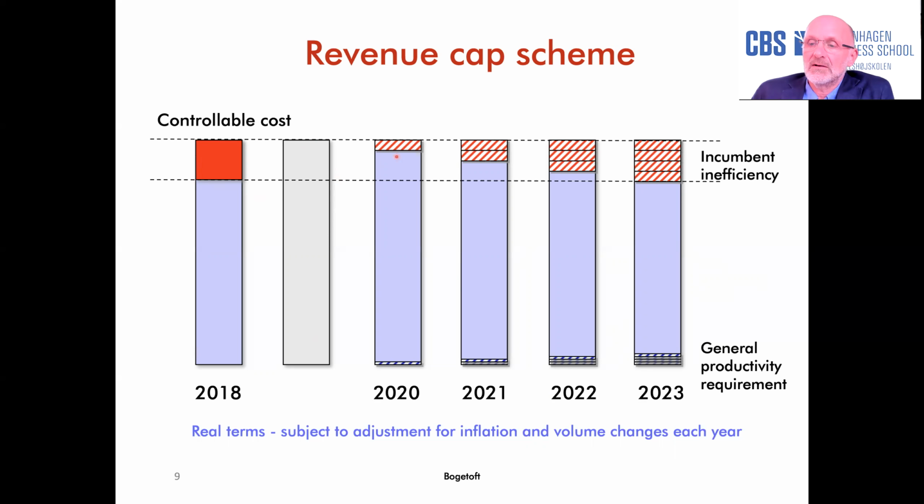And then in 2020 and the subsequent years, he's going to reduce the allowed revenue, requiring the firm to get rid of this controllable cost, and then a little bit more in the next year, and the third year, and the fourth year. So gradually, maybe in a 4-year time horizon, he's going to remove this incumbent inefficiency that he could identify in 2018.